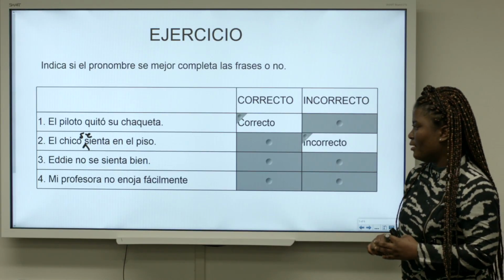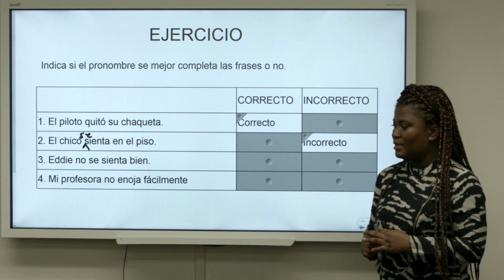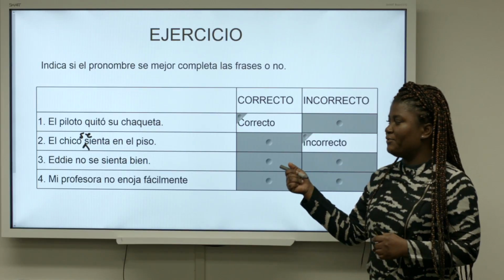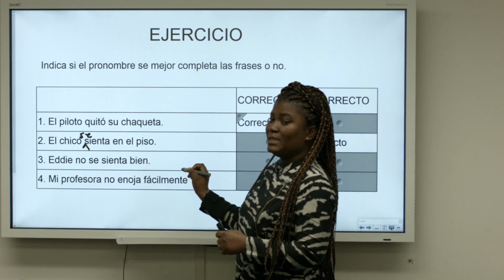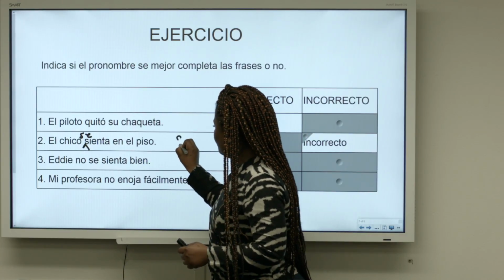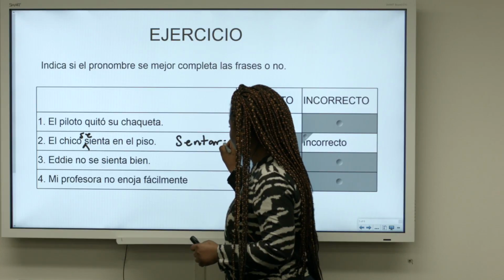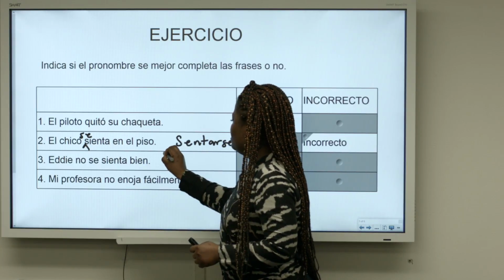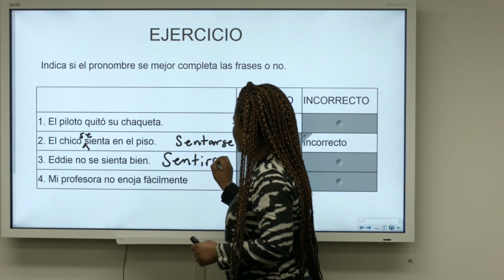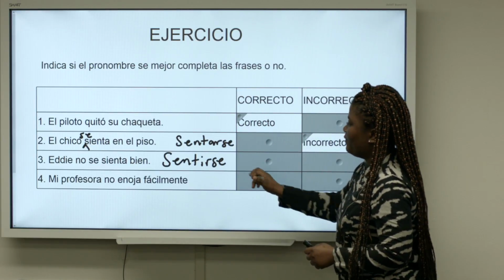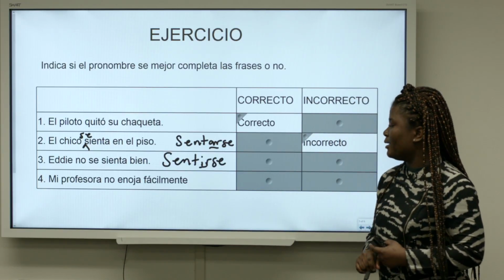Okay. The third sentence. Eddie no se sienta bien. This verb is different from the first one. The first one is sentarse, and the second one is sentirse. So we have an A and we have an I, which is different.